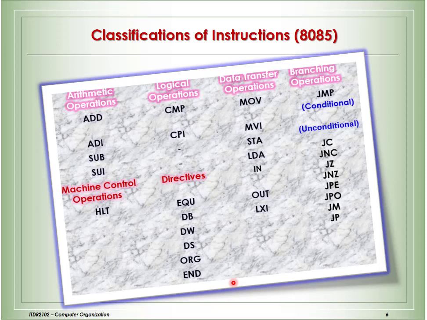It has many instructions, so we divided these instructions into 5 groups. The first group is arithmetic operations, second is logical, third is data transfer, number 4 is branching, and number 5 is machine control operations.